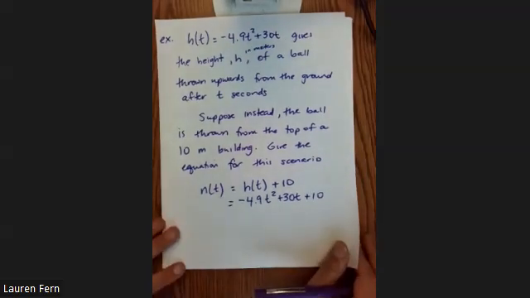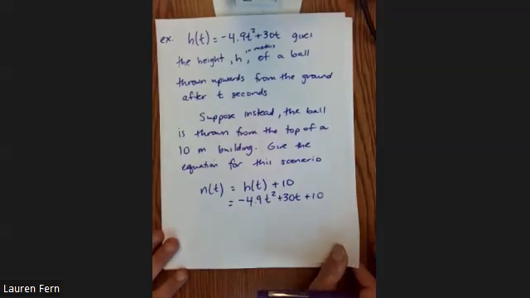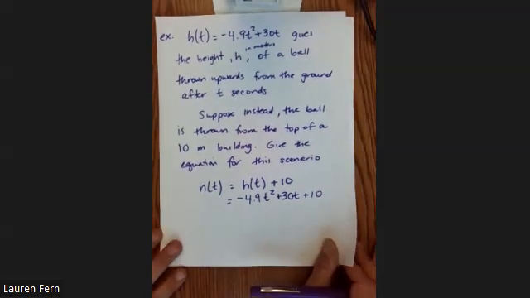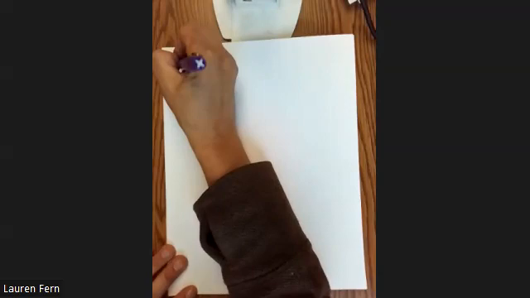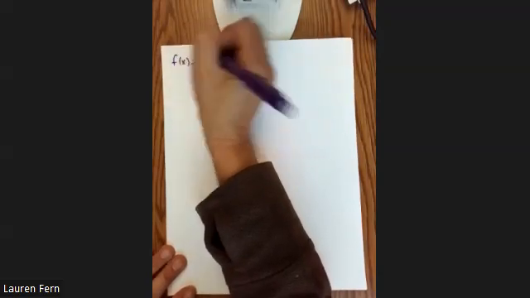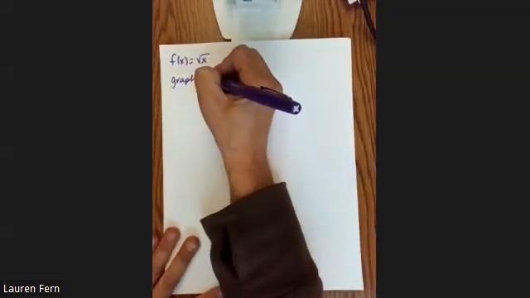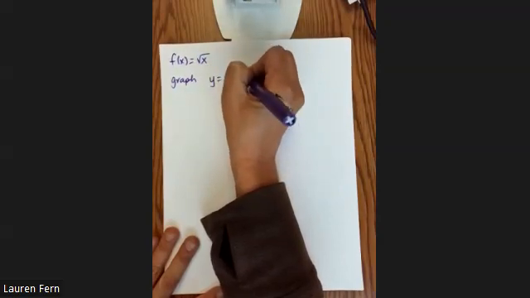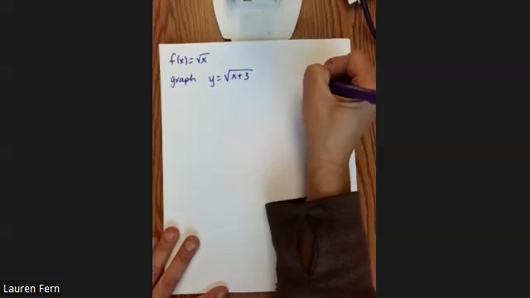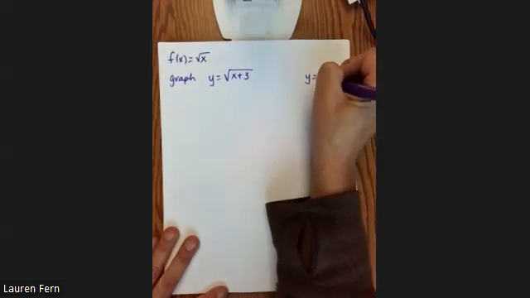So what I want to do now is move to another sort of transformation. And again, let's suppose f of x is the square root of x. Now I want to graph y equals the square root of x plus 3 and y equals the square root of x minus 3.